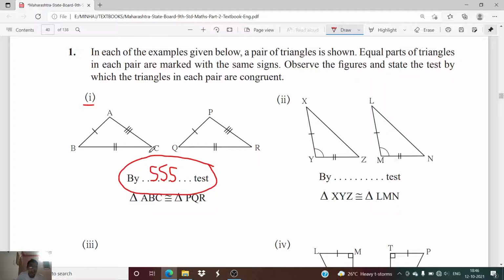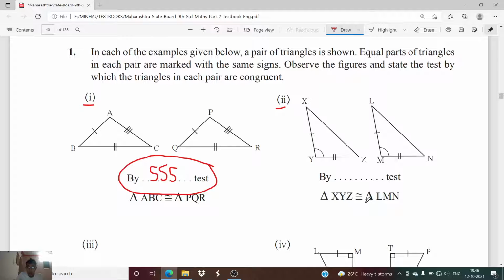So the SSS test is the reason, or the test, which tells us about the congruency between these two triangles. Now in sub question 2, triangle XYZ and triangle LMN is given. Both the triangles are congruent. Now you can see side XY is congruent to side LM, side YZ is congruent to side MN, and angle Y is equal to angle M. That shows us that these two triangles, triangle XYZ and triangle LMN, are congruent to each other.